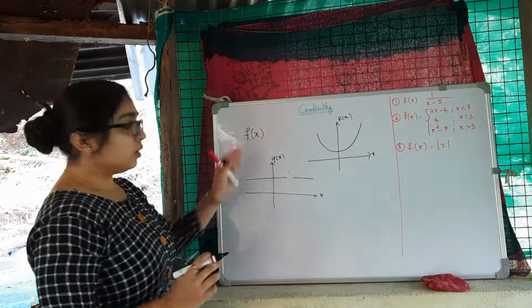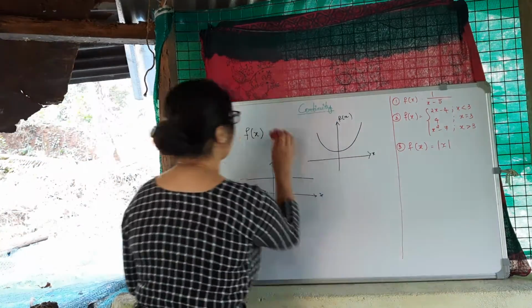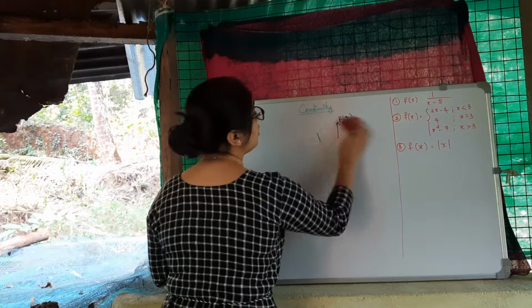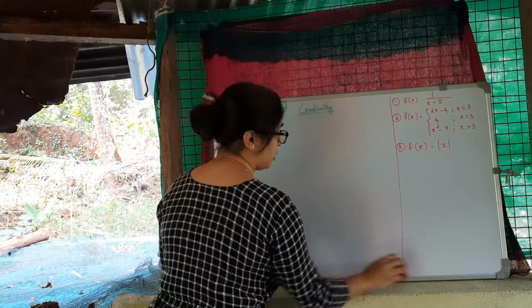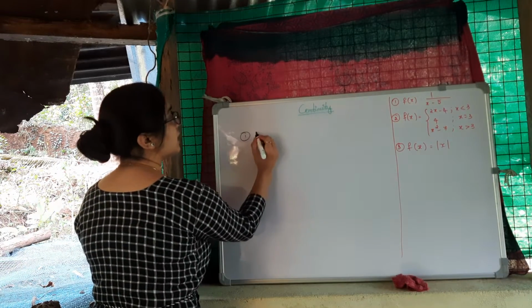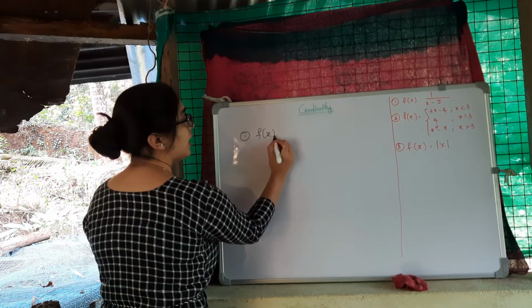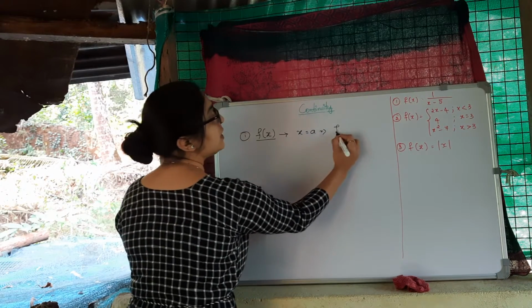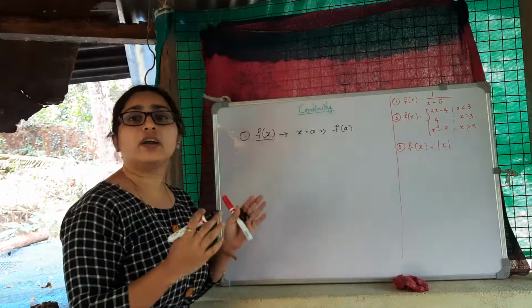So f of x can be called a continuous function when it satisfies three conditions. First, the function f of x should be defined for x equal to a. That means f of a should be a real number.